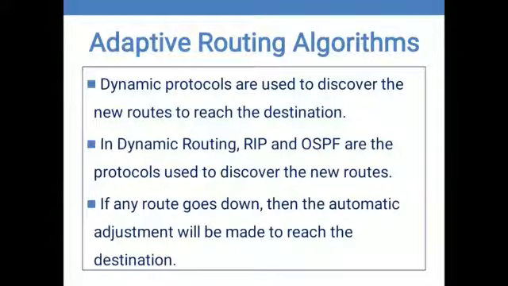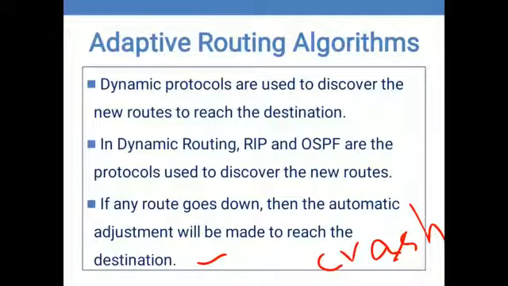If any route goes down, then an automatic adjustment will be made to reach the destination. We have some disadvantages with routing algorithms, because once the route is fixed, only in that route will all the packets be transmitted. For example, if any router crashes at any route, then whatever packets were transmitted up to that router, due to that failed router, all the transactions will be terminated.